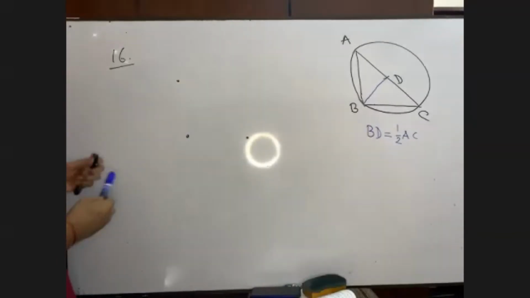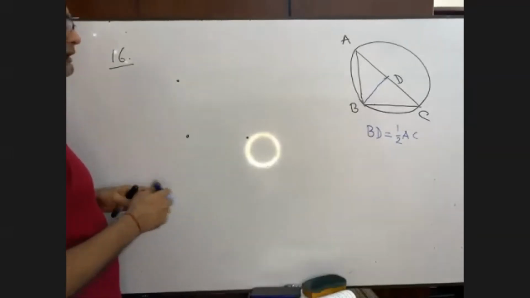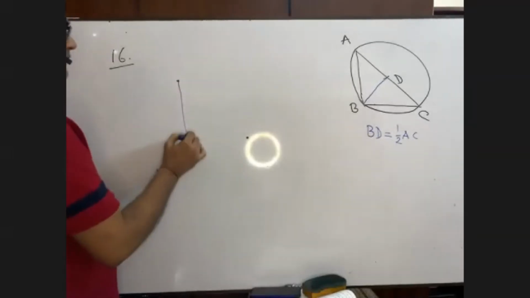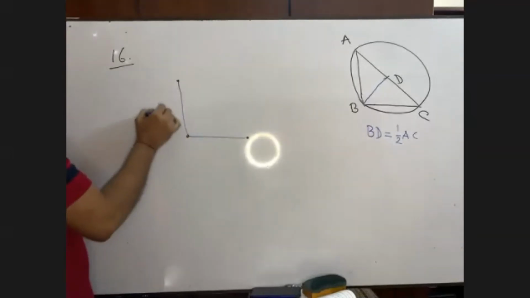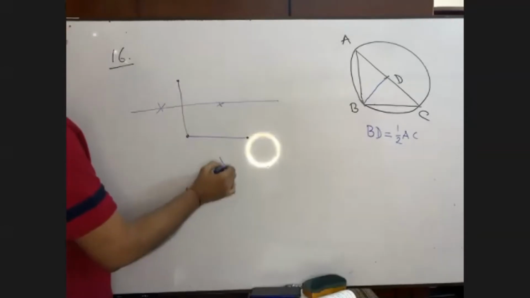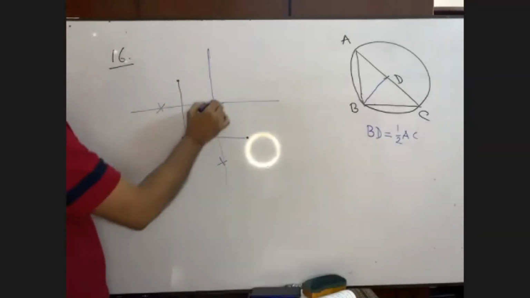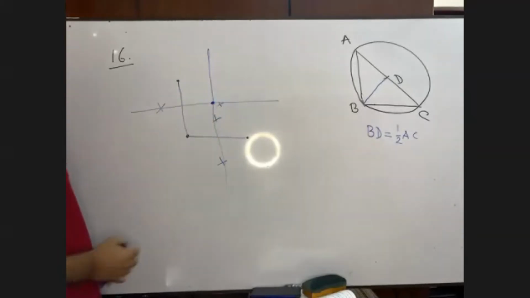If 3 points are not collinear, that is, if they don't lie on the same straight line, then we can join them and get a bisector. We can get another bisector, and this is the intersecting point.